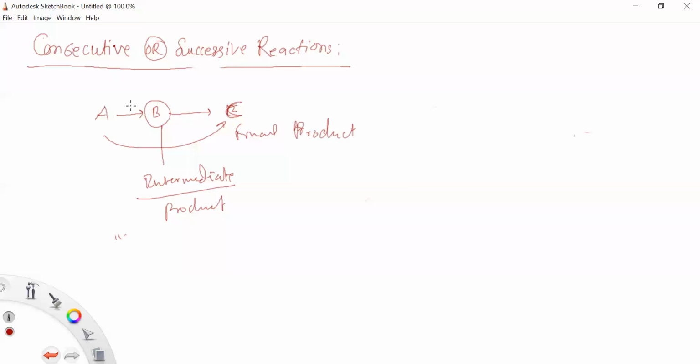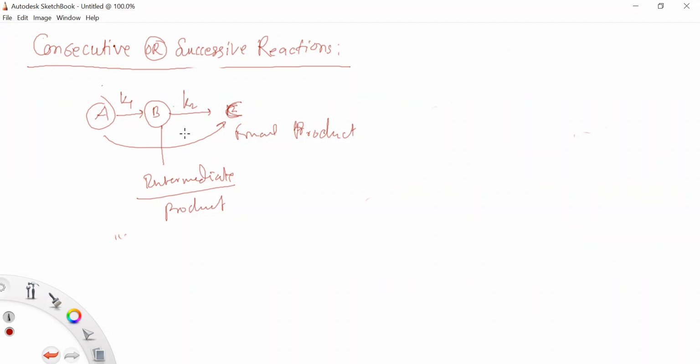In this very simple consecutive reaction, K1 is the rate constant for the formation of B from A, and K2 is the rate constant for the formation of C from the intermediate product B. These two rate constants indicate that this reaction is first order, and this reaction is also first order, because the order of reaction is determined by which reactant molecule changes its concentration during the course of the reaction. Here there is a single one and here a single one, so both reactions are first order.